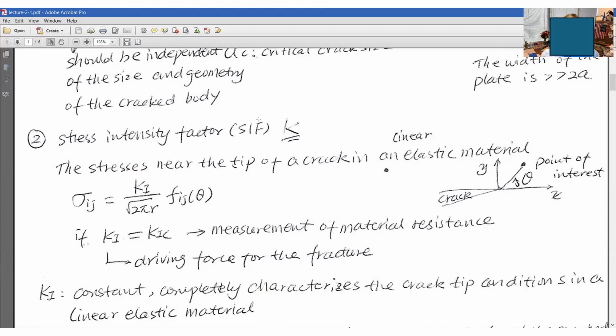Based on the stress intensity factor Ki, we make a comparison. This Ki is calculated based on the geometry, the crack size, and the applied load. And KIC, the C stands for critical, is a measurement of material resistance.